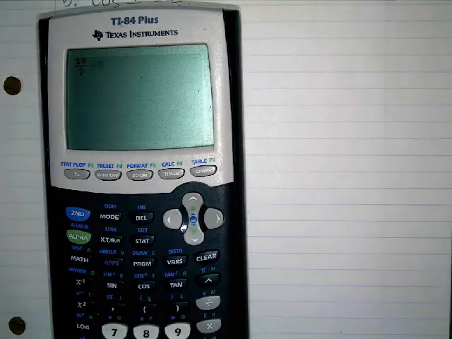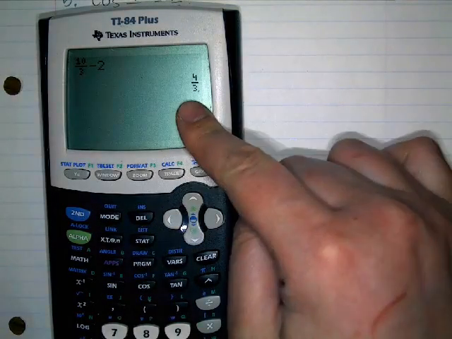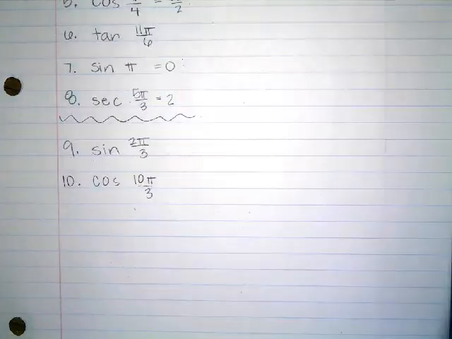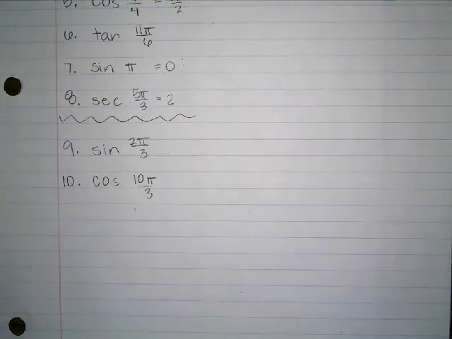The coterminal angle is 4 thirds. So cos 10 pi thirds is the same as cos 4 pi thirds.